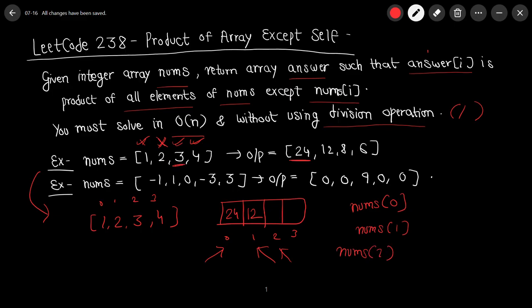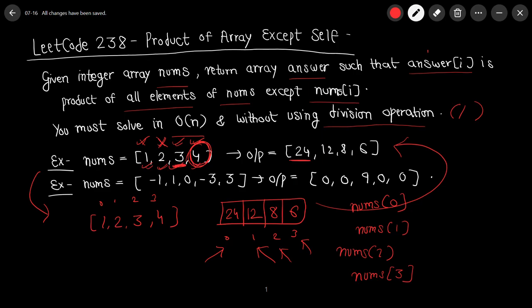Nums of 2 is 3, so except this 3, we need to multiply everything. That is 1 into 2 into 4, which is 8. And similarly, answer of 3 is the product of everything except nums of 3. Nums of 3 is 4, so the product of everything except this 4 is 1 into 2 into 3, which is 6. So this is our answer array. I hope the question is clear.